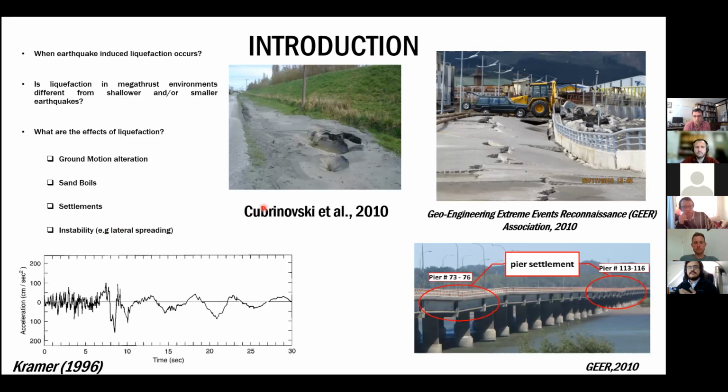In this, the failure of the soil due to shear stresses causes superficial layers to break, as we see here in this picture, and they move progressively towards a free face. For example, here is the coast, and this layer of soil will tend to move towards the coast. This picture shows lateral spreading evidence in the port of Coronel, close to Concepción, related to the same earthquake, the 2010 Maule earthquake.